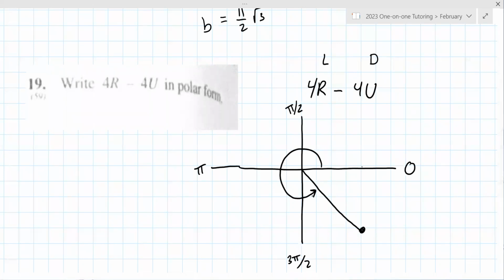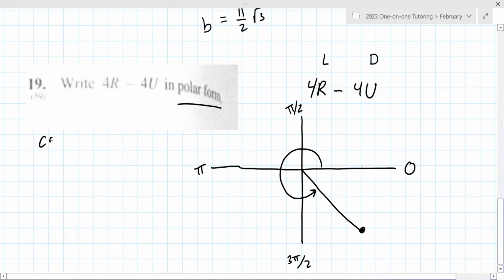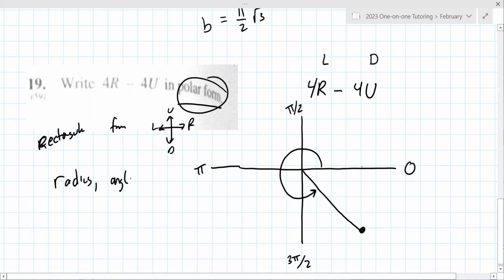So polar form is different, and most of your math has been in rectangular form. For rectangular form, to move to a point, think of the D-pad, the directional pad. If you ever played video games, you've got up, down, left, and right. Polar is different. You have a radius and an angle.